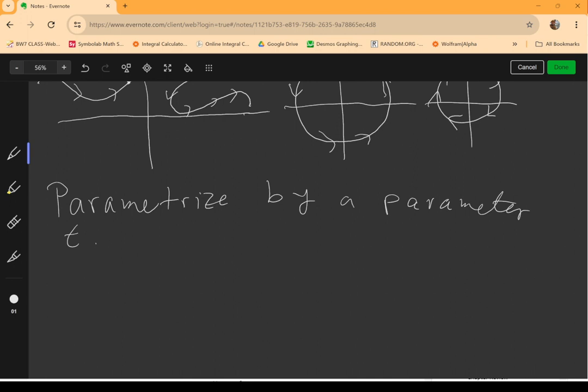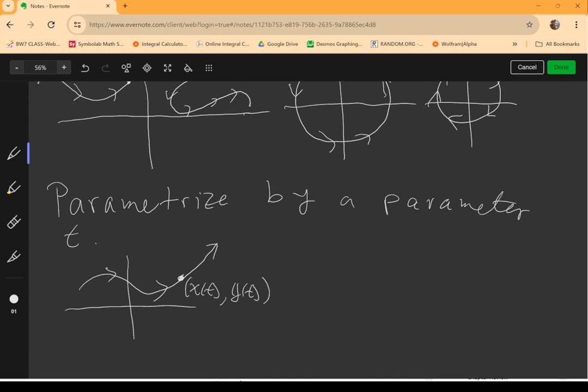As t changes, it moves not just in one dimension, but along the x and the y. So our curve, however complicated or not complicated at all, is going to have some kind of orientation, and each point will be defined by some function of t. y will be a function of t, and x will be a function of t.